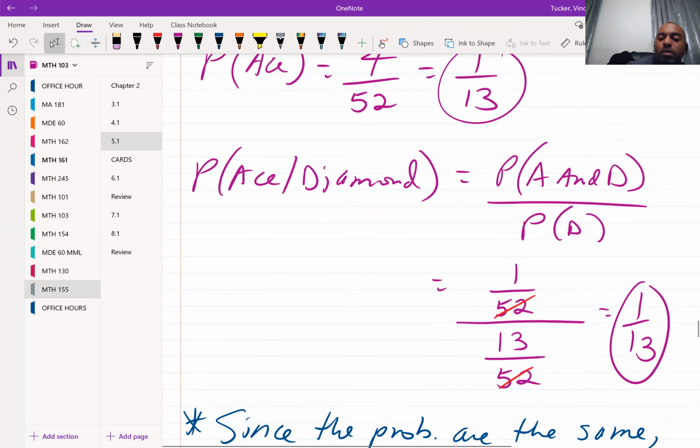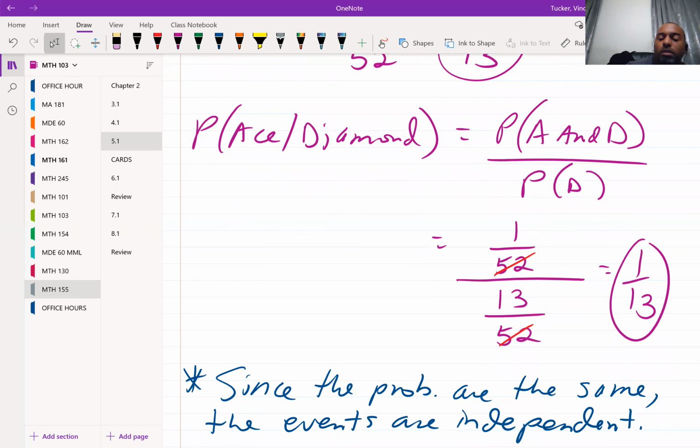Since the probabilities are the same, the events are independent.